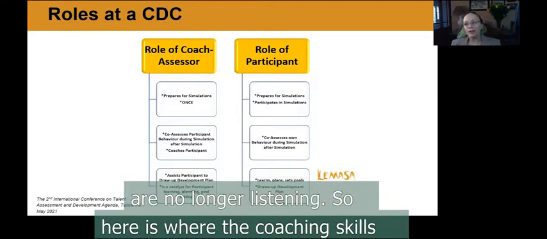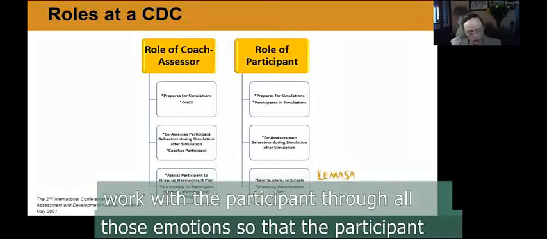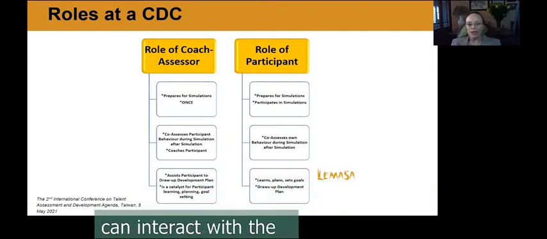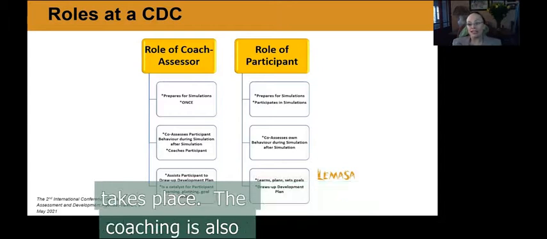So here is where the coaching skill of the coach assessor comes in, where the coach needs to work through all that emotion so that the participant calms down and can interact with the information on a cognitive level so that learning actually takes place.